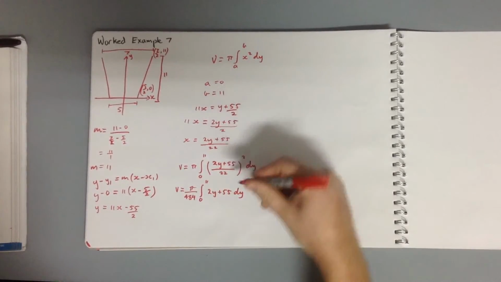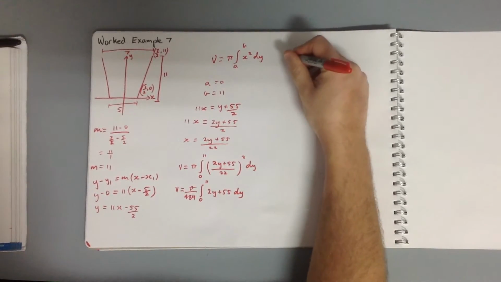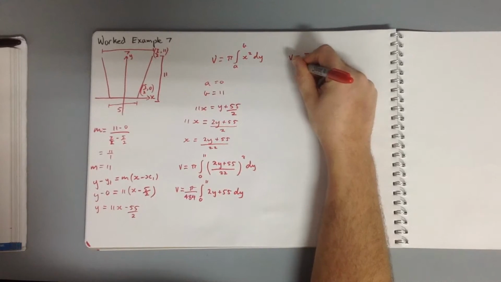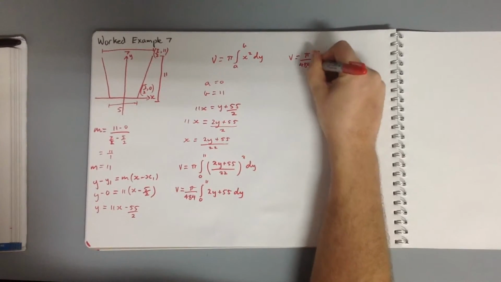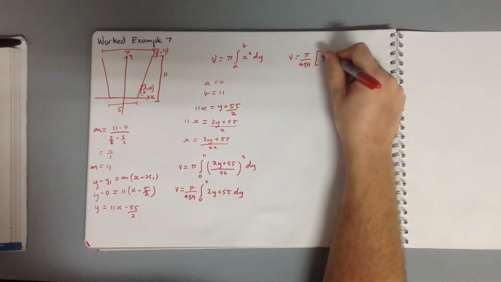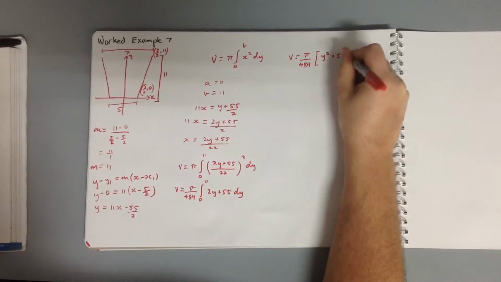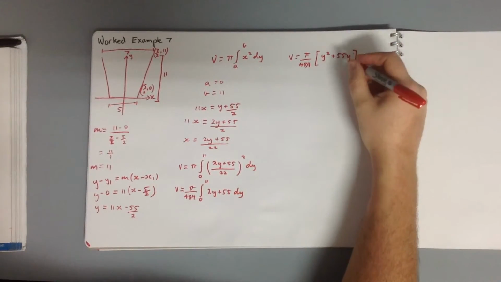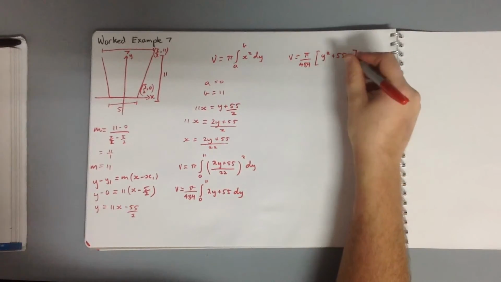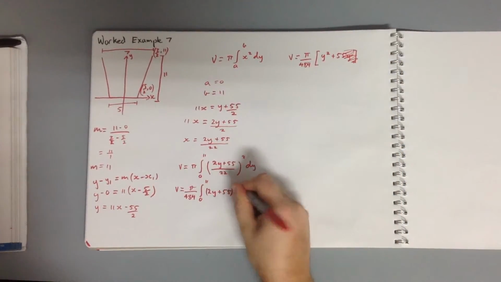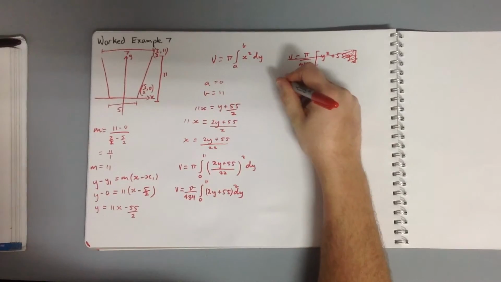So what we can do then is actually do our integral. We'll get y squared plus 55y, from our, no we won't, sorry, what am I saying? I've forgotten that that is squared. Sorry about that.